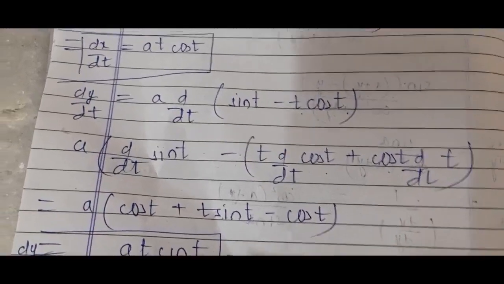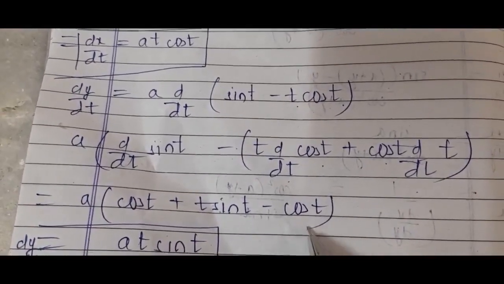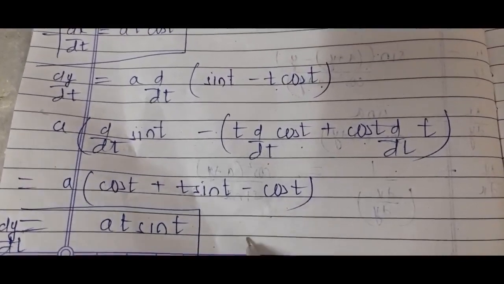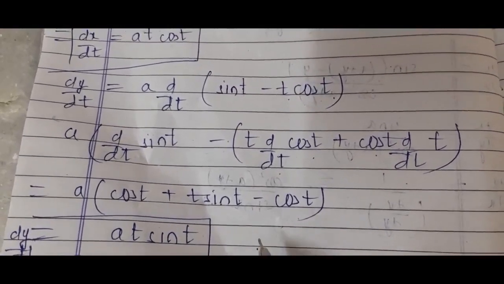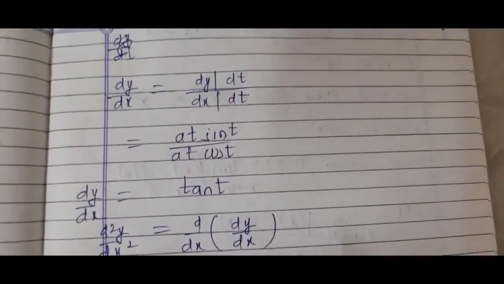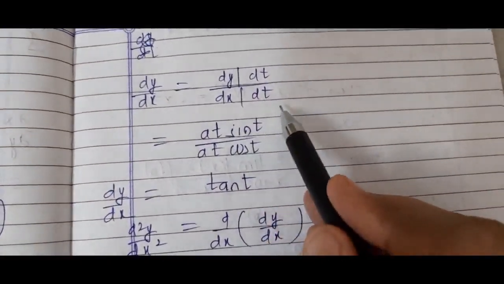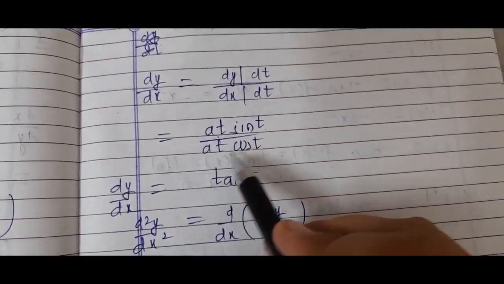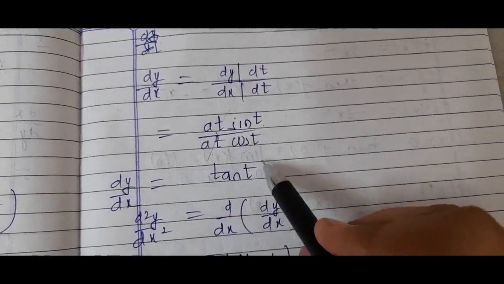So we get a into cos t plus t sin t minus cos t. This term is cancelled and dy by dt is at sin t. So we'll divide the second equation by the first equation and we get dy by dx equal to dy by dt upon dx by dt, that is at sin t upon at cos t. This is cancelled, we get tan t.